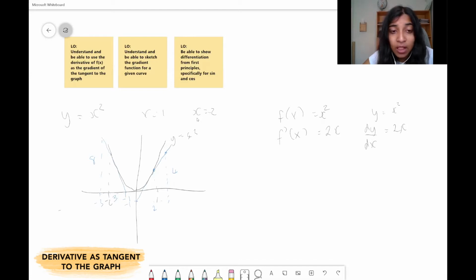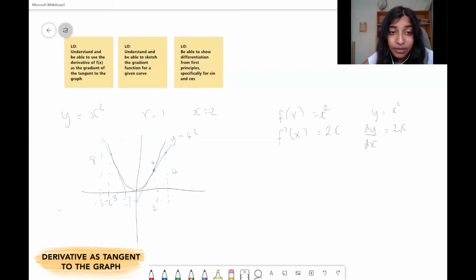So to do that, if we have x equals 1 like this, we just want to draw on the tangent of the graph at that specific point, like this, and then find the gradient of that tangent, because remember that a tangent just touches the graph at one point, but the gradient of the tangent is just parallel to that curve at that point. So then all we have to do is work out the equation of the tangent, and that would get your gradient of the graph at that specific point.